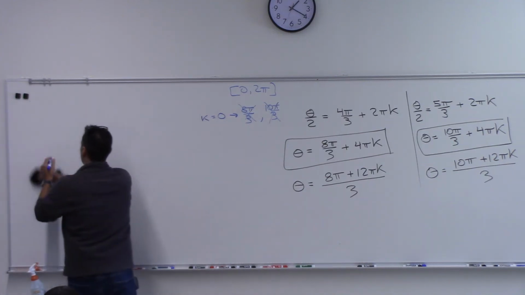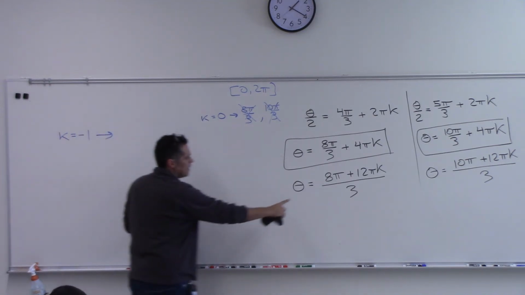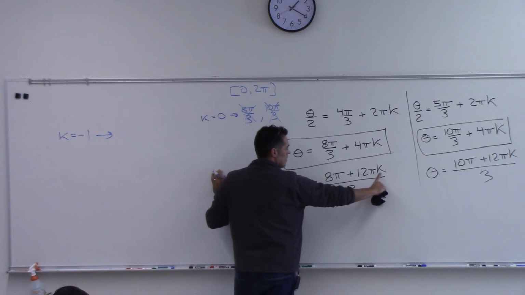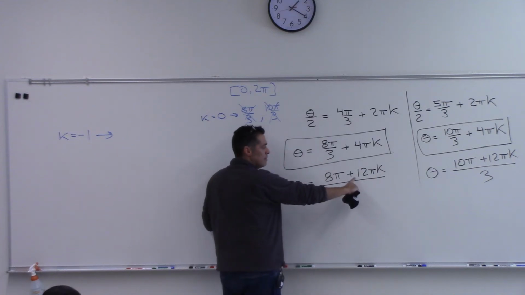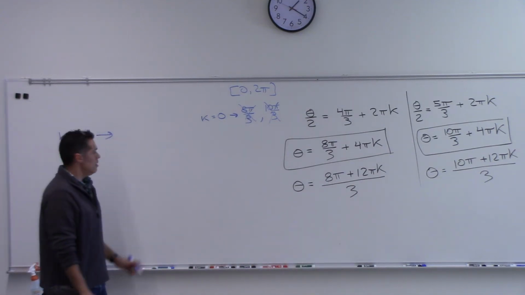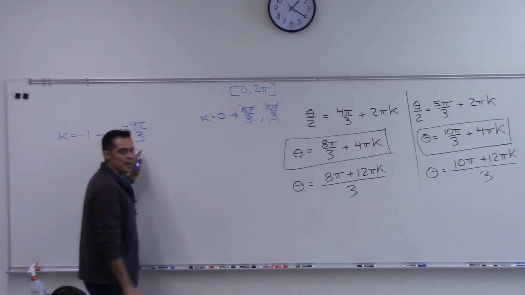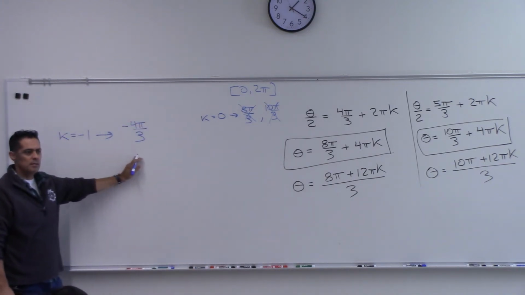So what would happen if k is negative 1? What if k is negative 1 right here? You get 8 pi minus 12 pi. What's 8 minus 12? Negative 4 pi over 3. Is that inside 0, 2 pi?